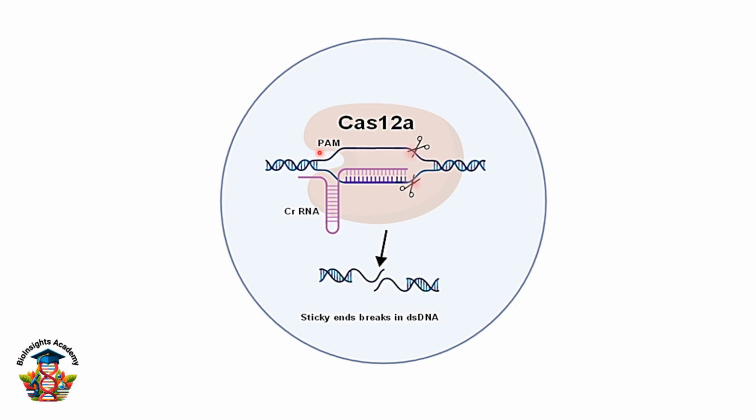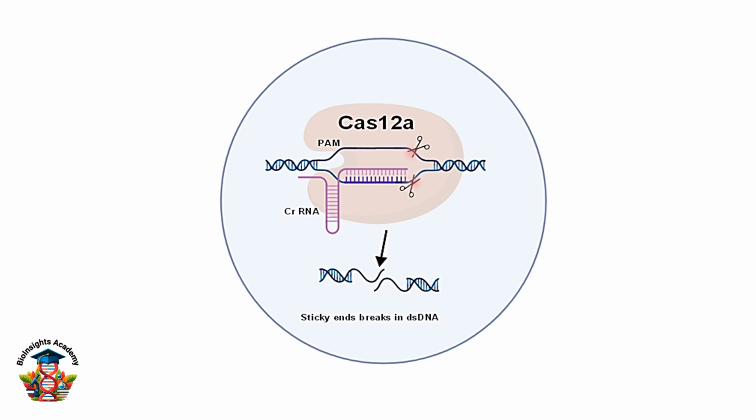Well, Cas12a cleaves the DNA in a staggered manner, creating sticky ends, or overhangs, rather than the blunt ends produced by Cas9, as we said before. The RuvC domain of Cas12a is responsible for the cleavage. It first makes a cut in one strand of the DNA, followed by a cut in the second strand, resulting in a double-strand break with sticky ends.